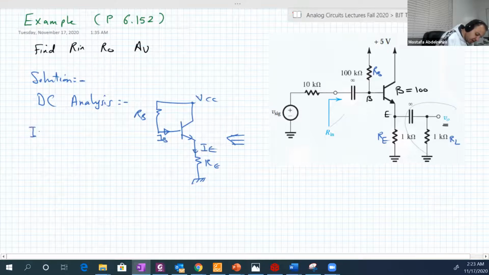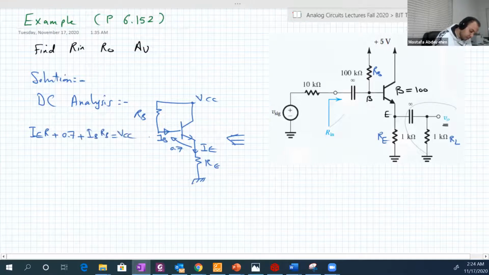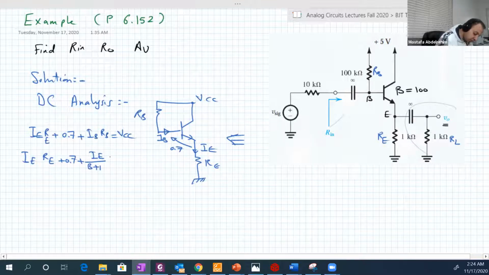So IE RE plus 0.7 plus IB RB equal to VCC. IE RE plus 0.7, and IB is IE over beta plus 1. And you can ignore the 1, that's fine also. RB equal to VCC.